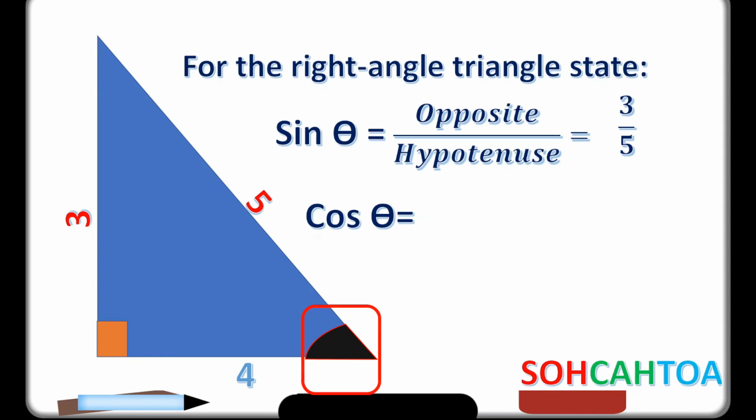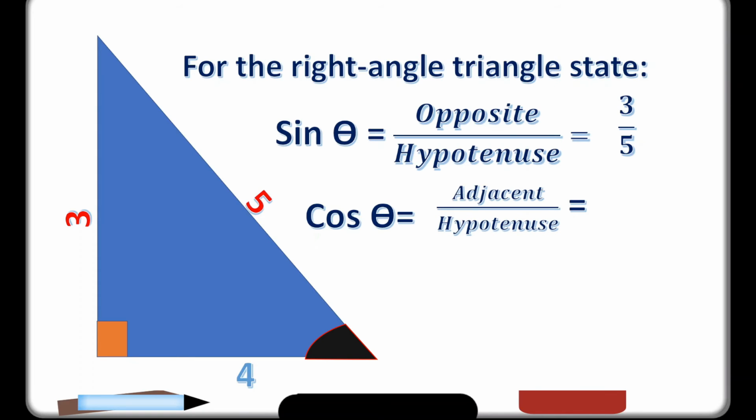Again, SOHCAHTOA, keeping in mind that CAH, it lets us know that our ratio for cos theta is the adjacent over the hypotenuse. Using the location of our theta in this triangle, we can see that the adjacent is 4 and our hypotenuse is 5. So our cos theta ratio would be 4/5.